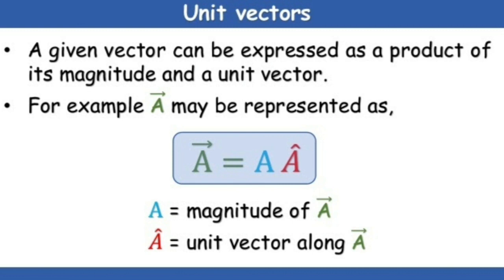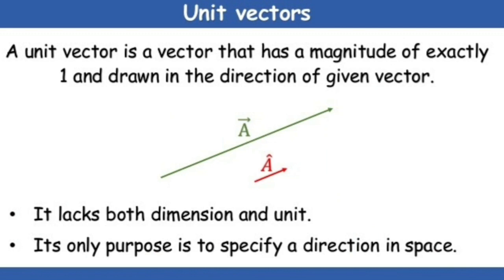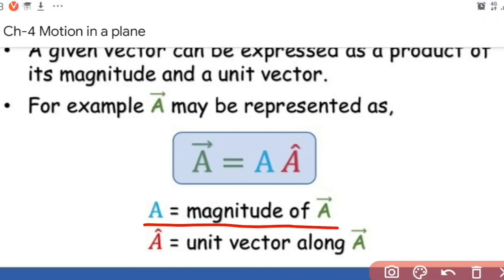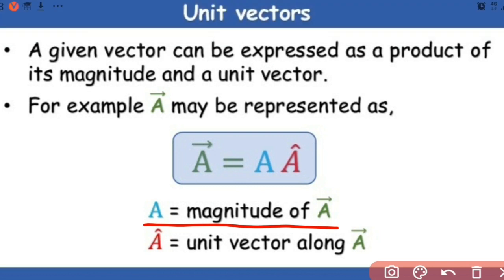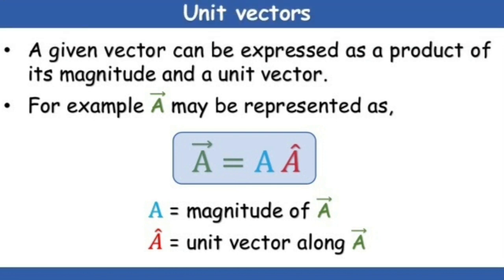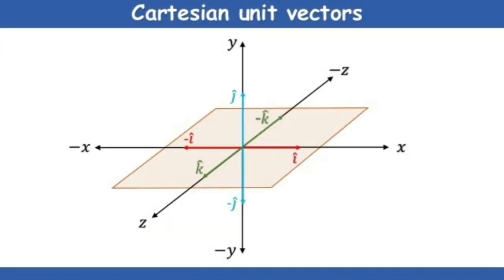For example, vector A. Its magnitude is simply A. So vector A can be written as magnitude into unit vector, that is vector A equals A into A cap, where A cap is the unit vector along vector A. So unit vector is used to show the direction of a quantity.